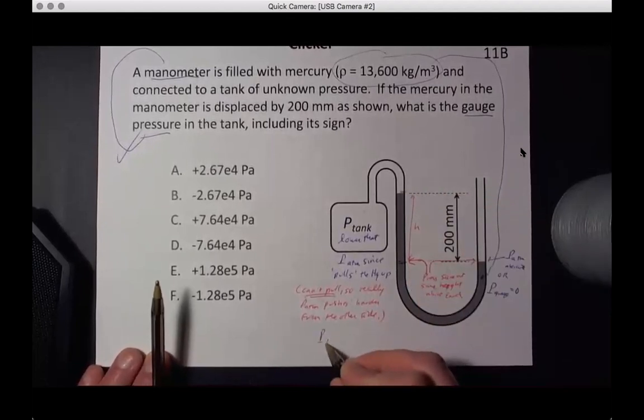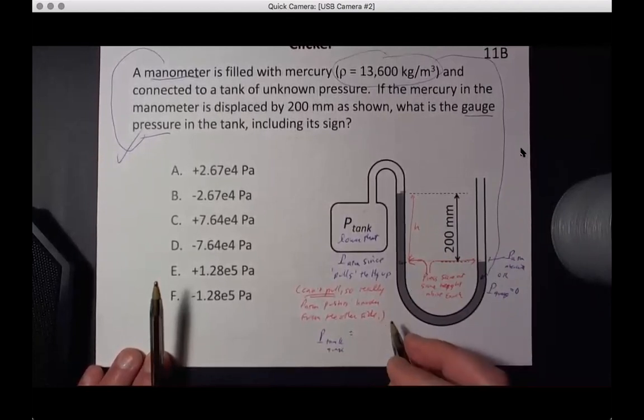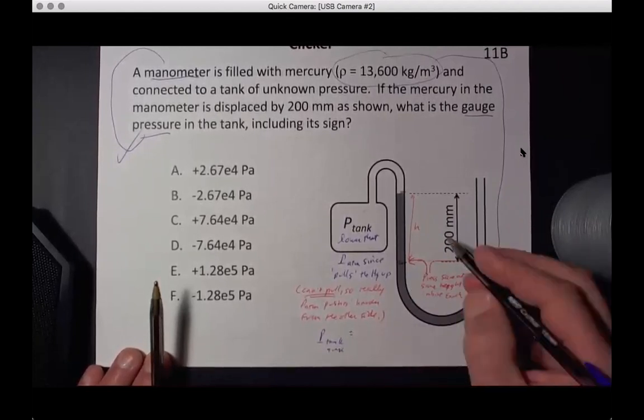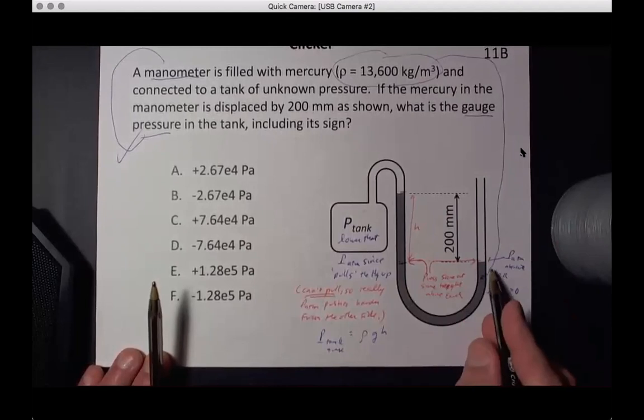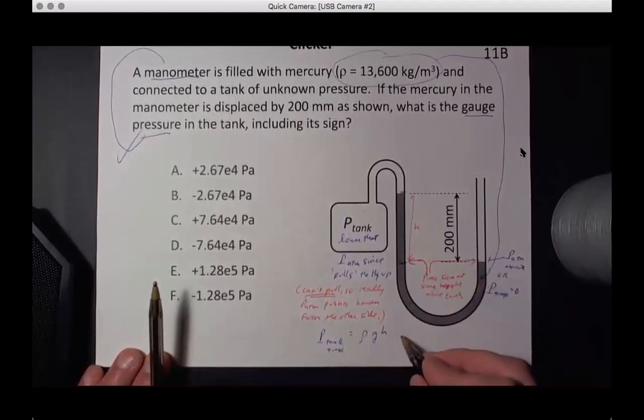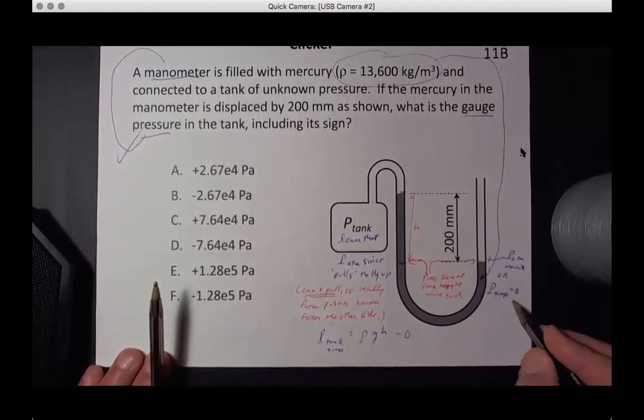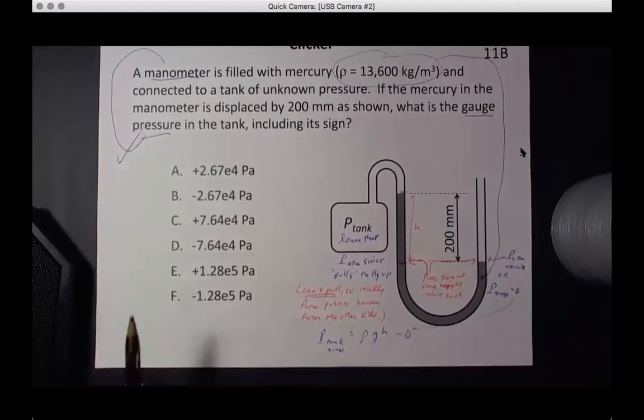So P tank, in gauge pressure, is equal to just rho g h minus 0, basically, because that's what it is on the other side in the gauge units.